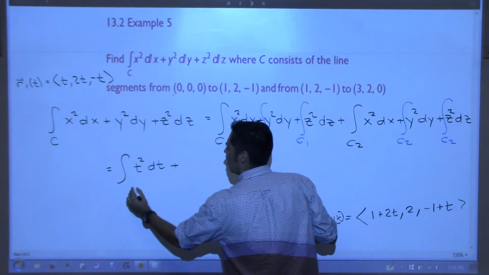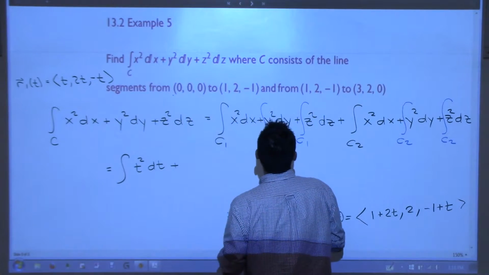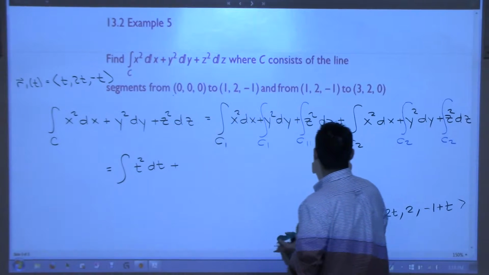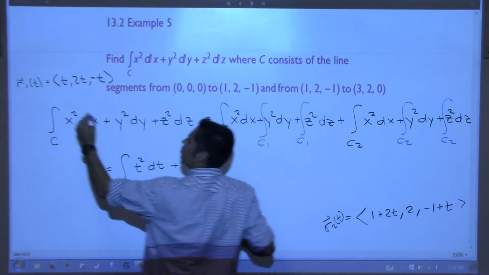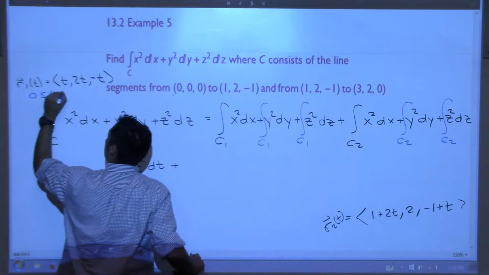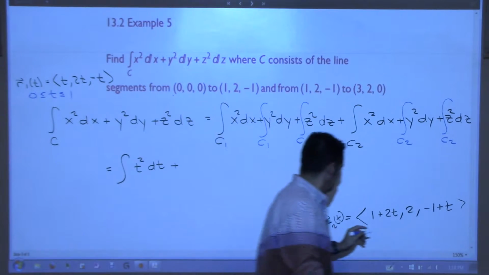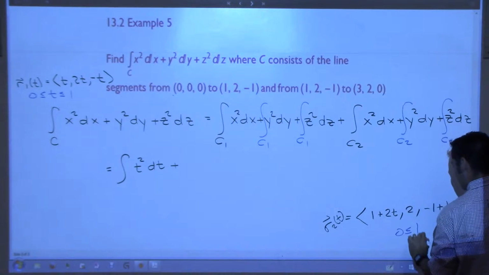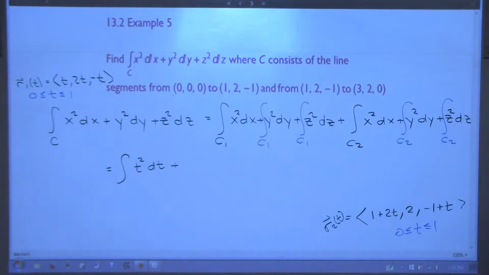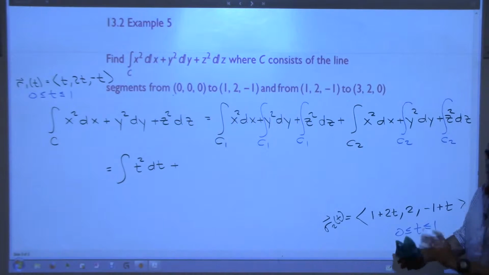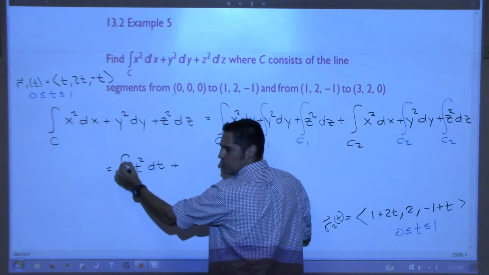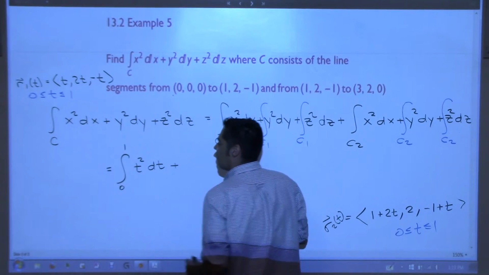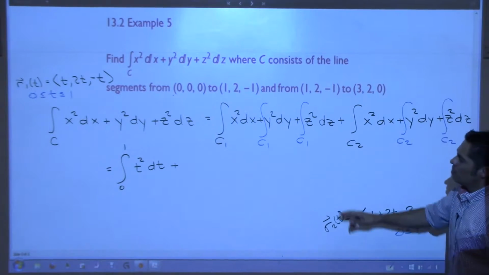Plus, what's my restriction on t? I forgot to talk about that. Both of these are 0 to 1. Why is it 0 to 1? Because if you set it up the way I've told you since the very beginning, t will always go from 0 to 1. That's important because I need limits of integration. So 0 to 1.